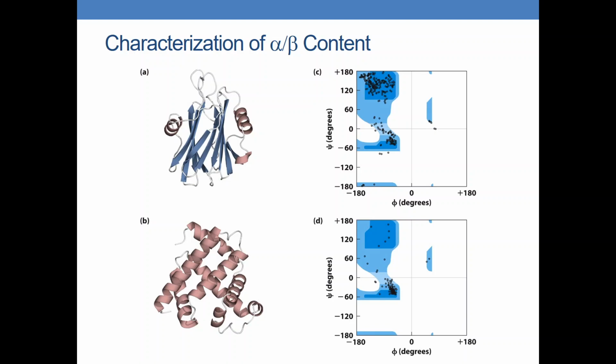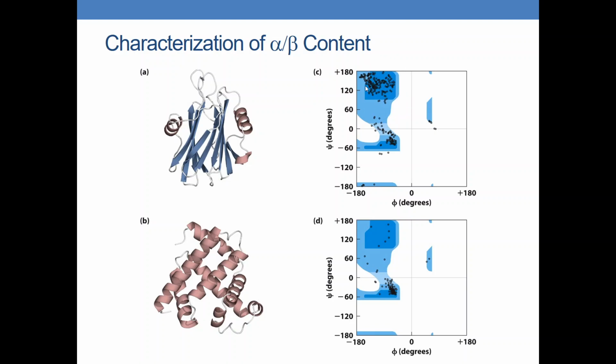Now, when we talk about characterization of alpha beta content, your dihedral angles that correspond to a beta conformation are going to very predictably cluster in the second quadrant here. Anti-parallel and parallel beta sheets are always going to cluster up here in the second quadrant.